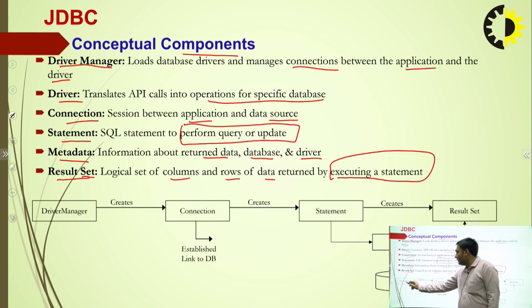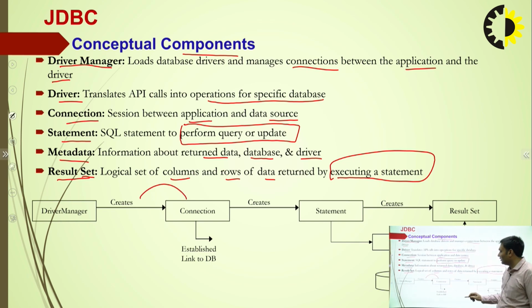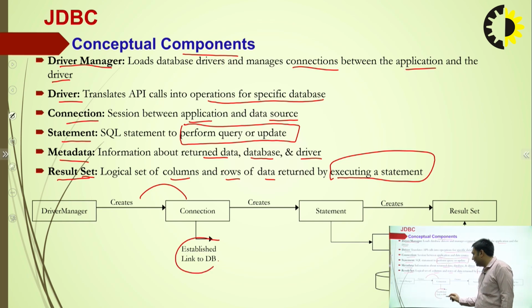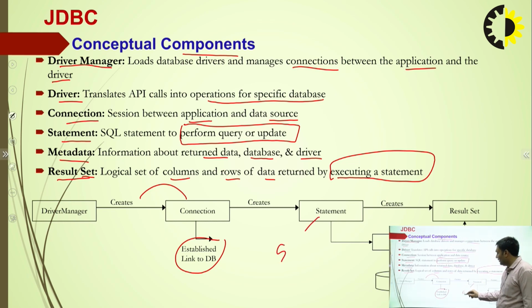So the DriverManager will create a connection, then the Connection class will establish a link to the database, and it also creates the statement. The statement is an SQL statement through which we will run our SQL query, and this statement creates some ResultSet.